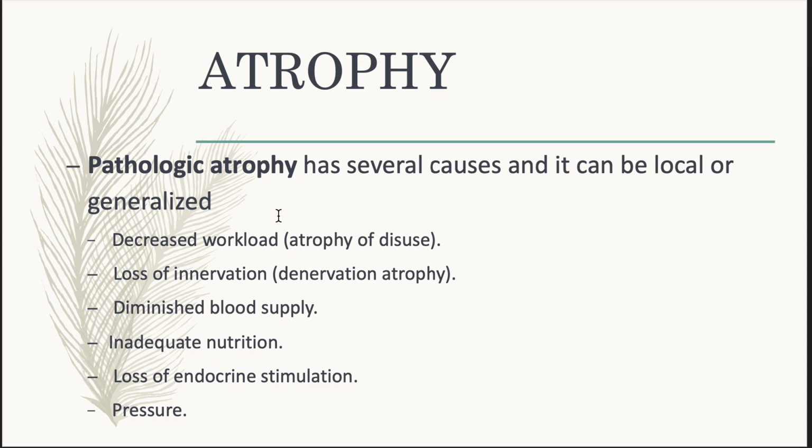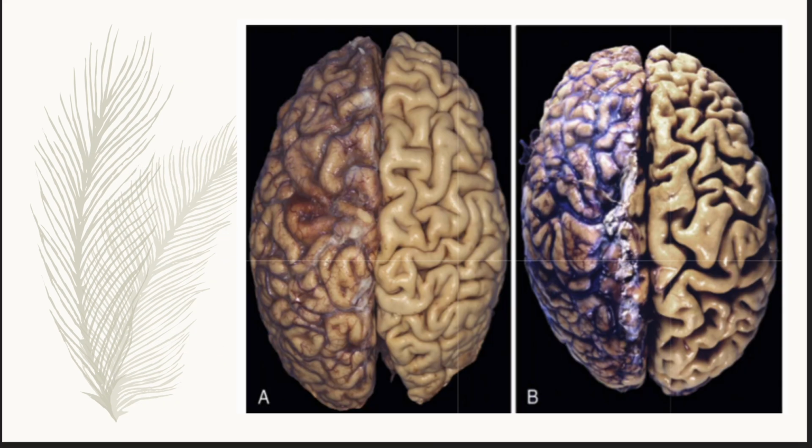Sa mga bata nga malnourished, nag-atrophy lang muscles. Loss of endocrine stimulation, for certain hormones, nag-atrophy pod. And pressure, no? Pag naka-compress for some reason, mamatay, magagamay sila. Okay? Ayan. So, like, that is your brain, panagsa pag na-tumor, mag-atrophy siya.